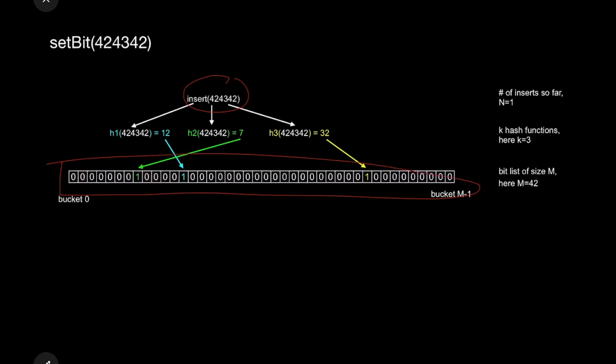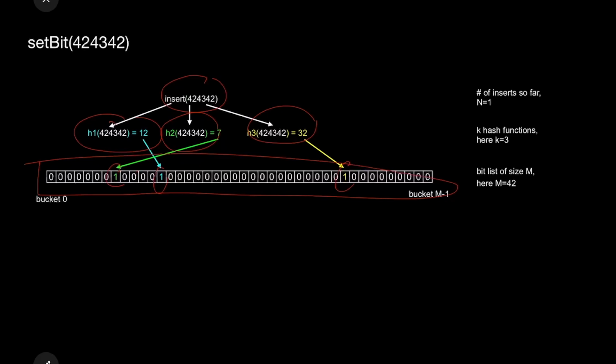So to insert this key, I have my 3 hash functions, and the hash function 1 returns a particular bucket, say 12. So I set this bit to true. The second hash function returns bucket 7, I set this bit to true. The third returns 32, I set this bit to true as well.